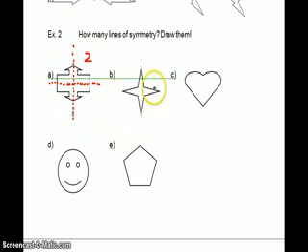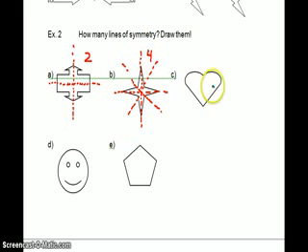Let's look at B. Well, we can fold this. Again, we can fold it right down the middle, and we can fold it middle this way, and we can fold it through here and fold it over onto itself, so that's another one. If we do that, we can also do this one. So in this case, the line of symmetry is 4.